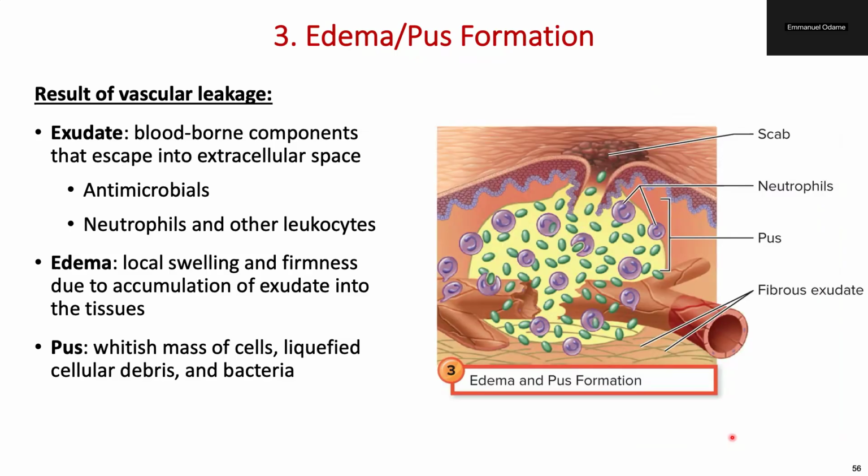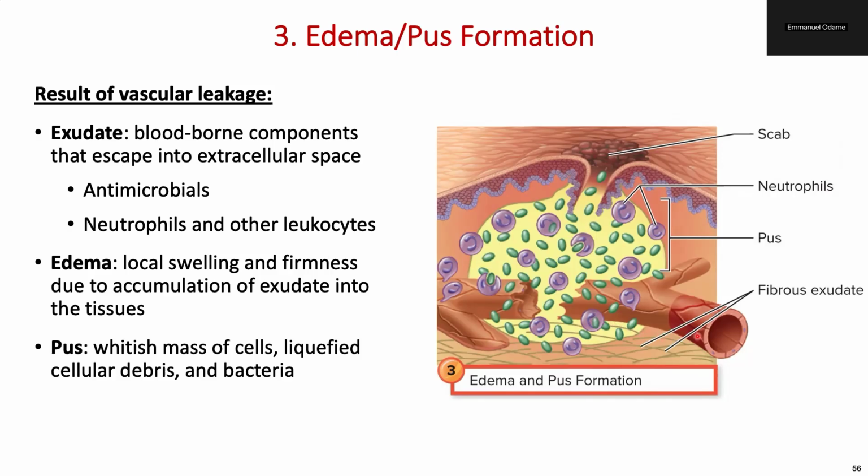So what will happen as a result of vascular leakage, or vasodilation leading to this vascular leakage? What we normally see is edema or swelling, which we see outside of our skin. As you can see, the exudate, which contains the blood-borne components, escapes into the extracellular space.